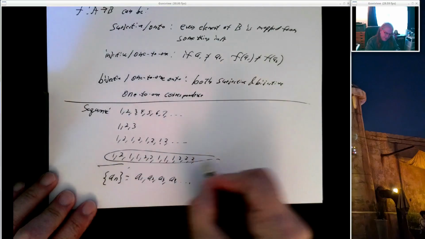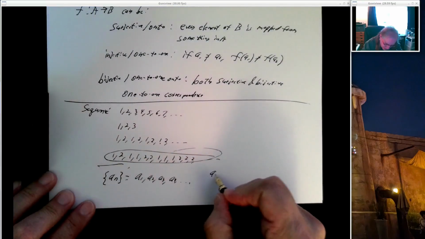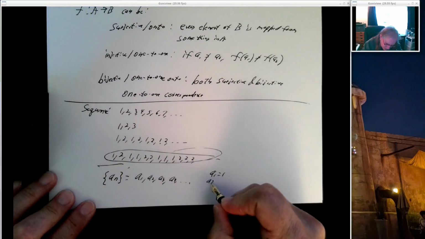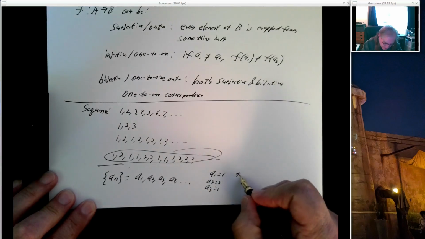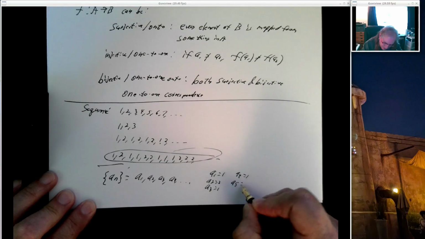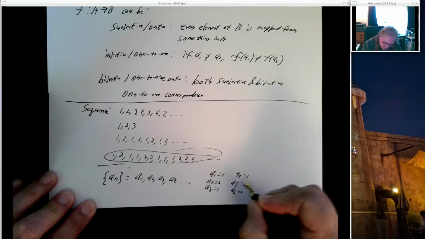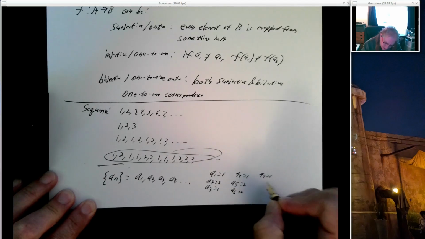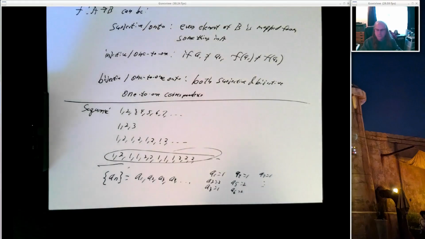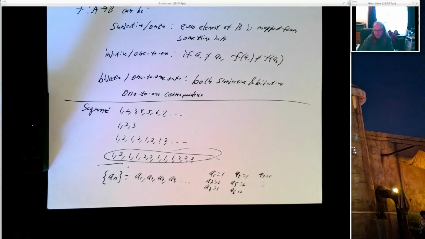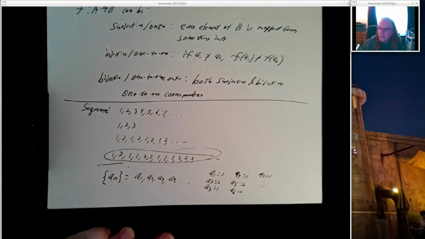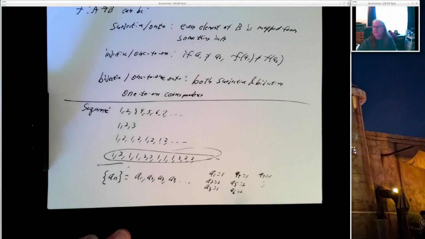For example, if I was describing this sequence, a_1 equals 1, a_2 equals 2, a_3 equals 1, a_4 equals 1, a_5 equals 2, a_6 equals 2, a_7 equals 1, and so on. And this is not a set. It's a different use of the curly brackets to represent something very different.